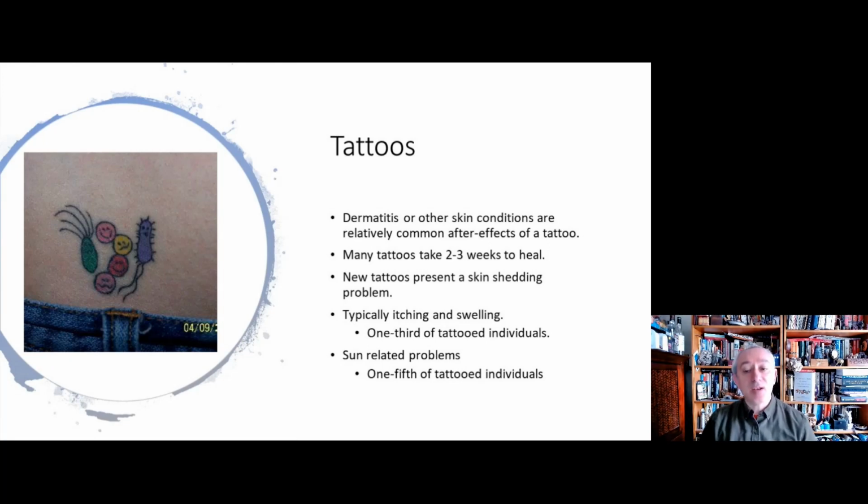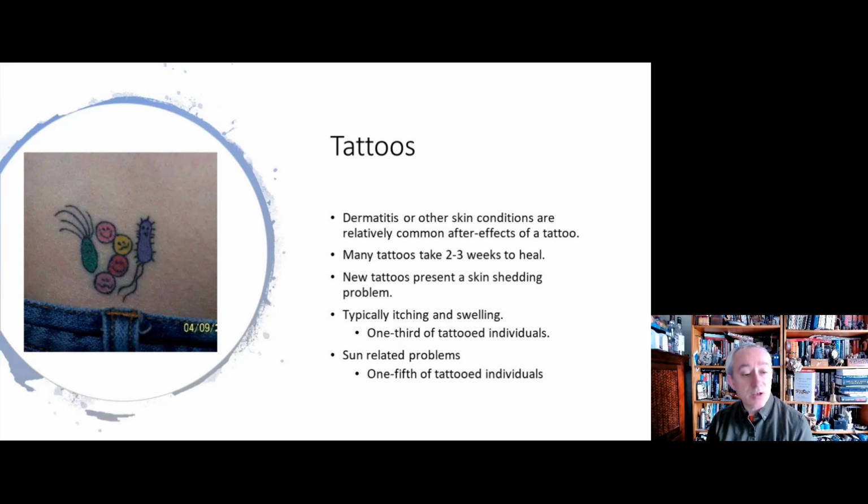So why tattoos? This is something that I'd like to highlight because it's slightly newer in our kind of control mechanisms. Well, it's been established that dermatitis is an effect of tattoos, bleeding and abrasions are an effect of tattoos, and some tattoos can take 2 to 3 weeks to heal, and during that time there's a high skin shedding problem.